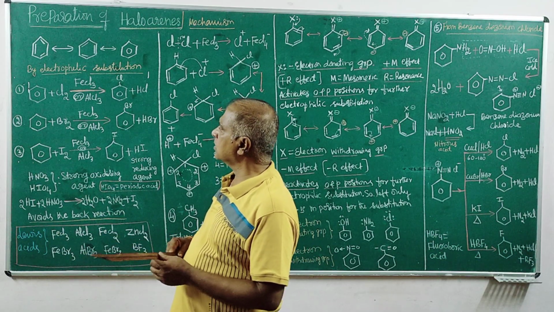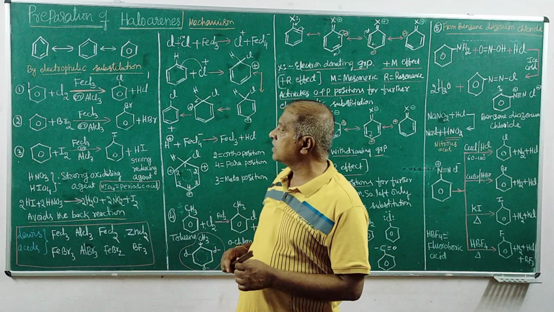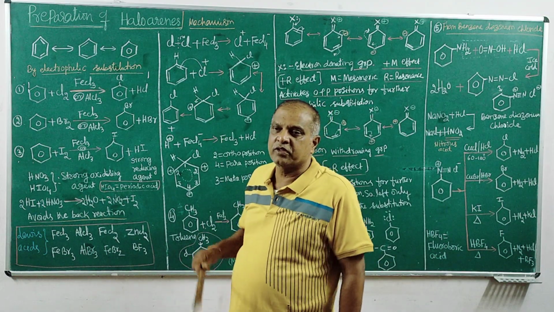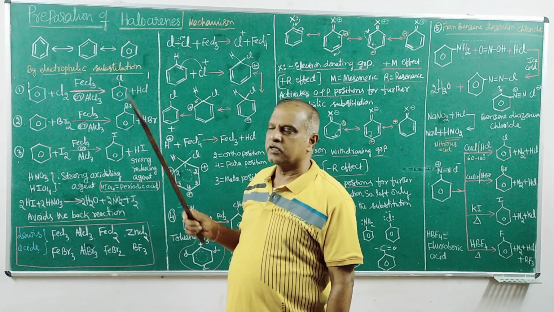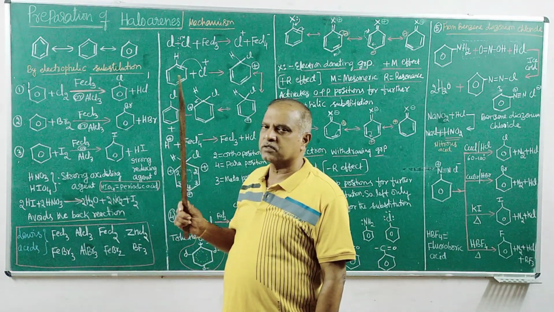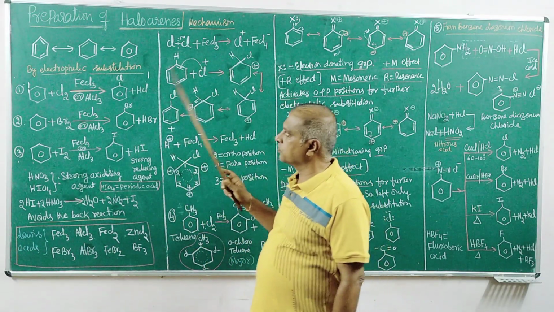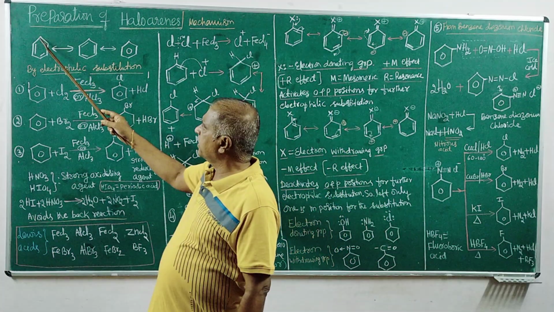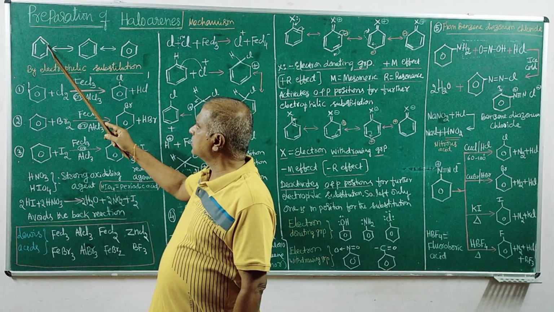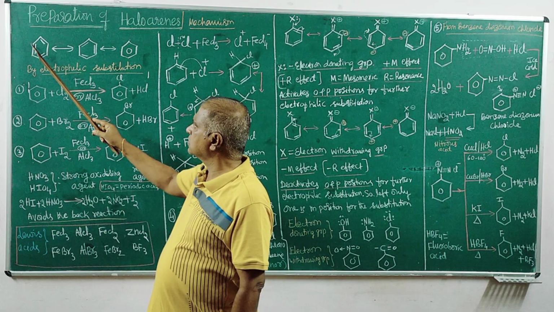So each carbon atom is satisfied with 3 valencies. The remaining valency must be satisfied with hydrogen, that is a C-H bond. That is usually not shown; the C-H bond is not shown in the electronic structure, it is understood. Look at this vertex, C-H is there, C-H, C-H, C-H, C-H, C-H, like this.